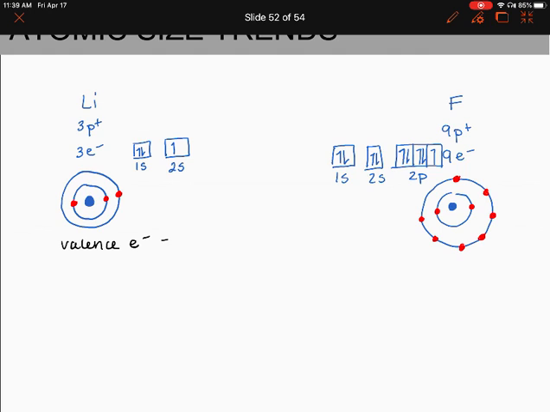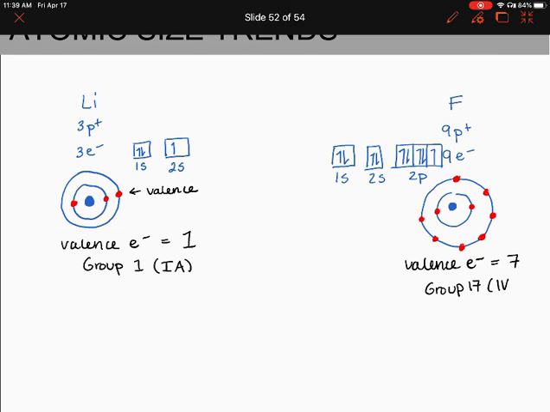So for lithium, we have one valence electron because we have one electron in the highest energy level. And lithium is in group 1, or 1A. And then fluorine has 7 valence electrons, and it is in group 17, or 7A. Writing my Roman numerals incorrectly.